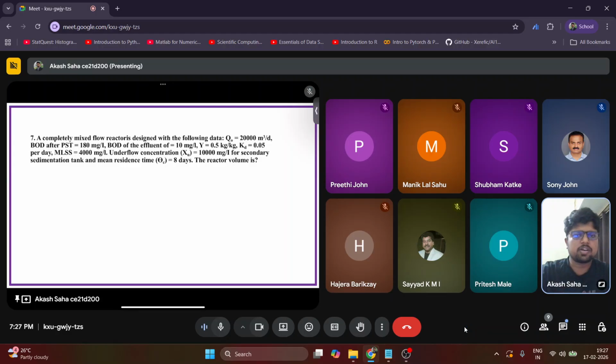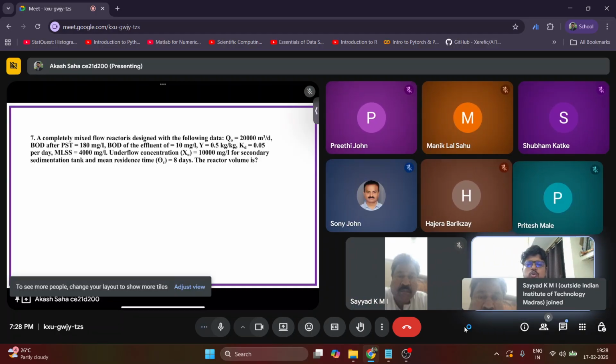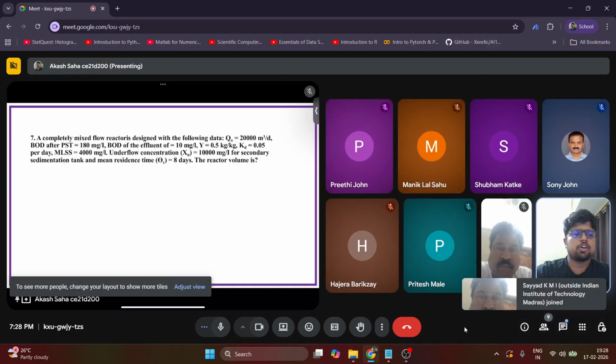KD, the decay constant, is 0.05 per day. MLSS, mixed liquor suspended solids, is 4000 milligram per liter, and the underflow concentration, XU, is 10,000 milligram per liter for the secondary sedimentation tank, and the mean residence time is 8 days. So what would be the reactor volume?